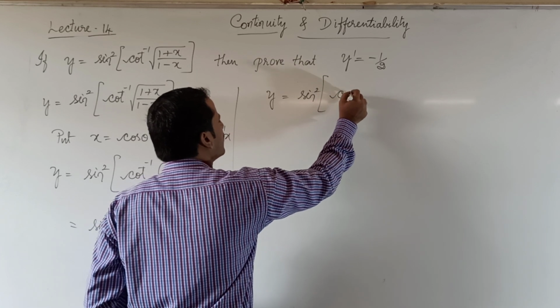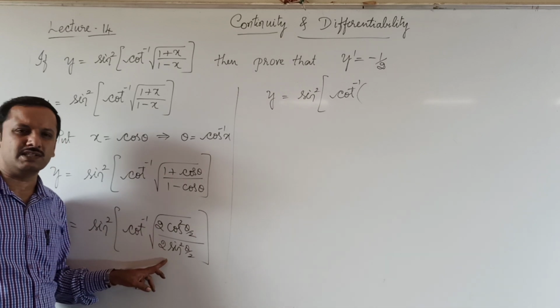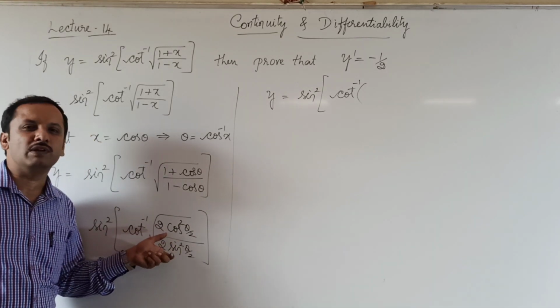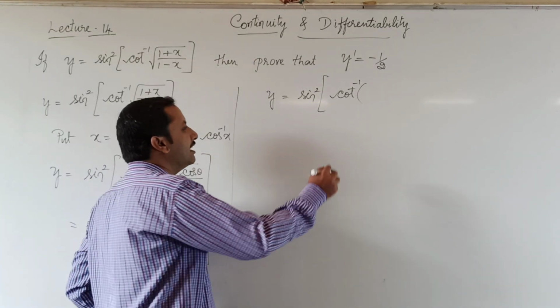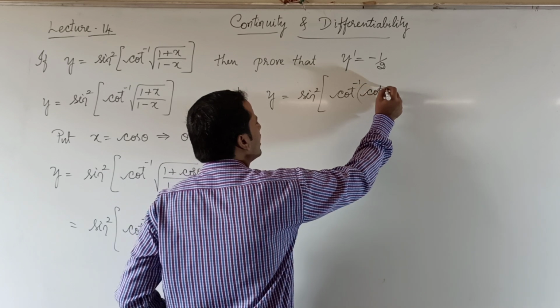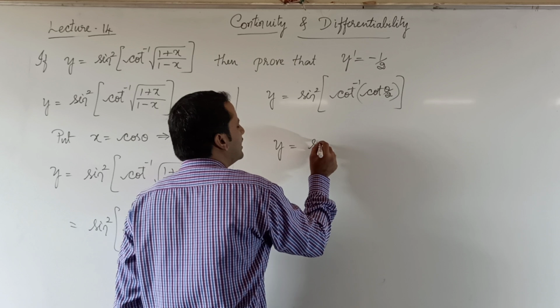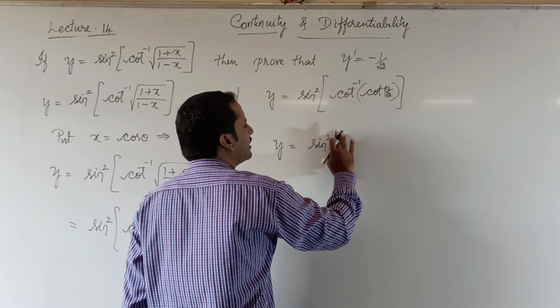Sine square cot inverse of, see here 2 gets cancelled. Cos square theta by 2 divided by sine square theta by 2 will give you cot square theta by 2. Square root of cot square theta by 2 is cot theta by 2. Okay? So now sine square cot inverse of cot theta by 2.